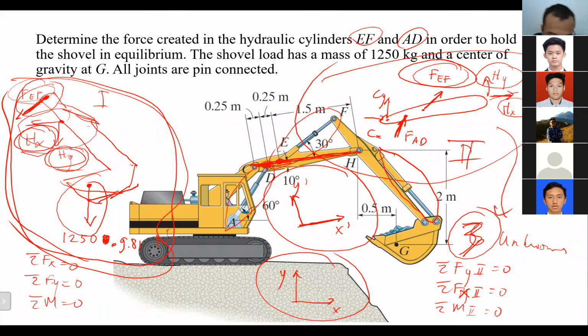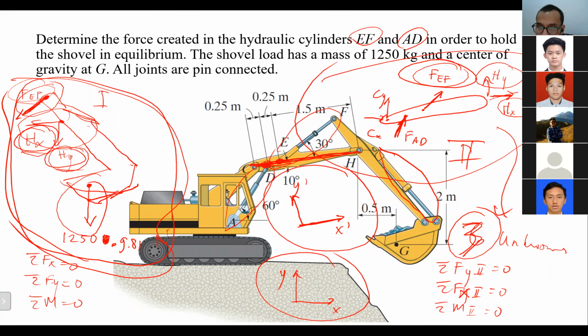Anyone else want to ask a question? Sir, I have a question. Yes, Rafi. For the perpendicular distance, what I did was I extended EF so that it reached the 1.5 distance. The distance between E and H is 1.5, right, sir?